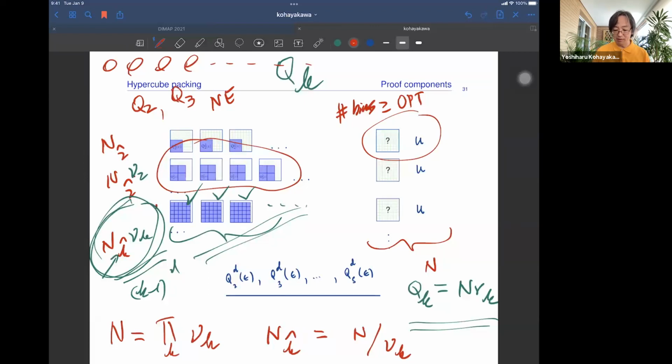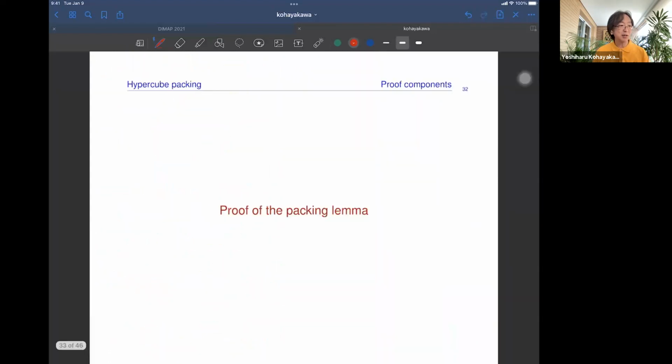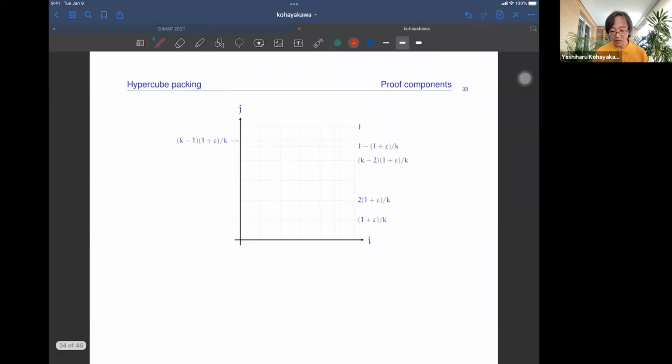Good. So let me just say a little bit about the packing lemma. The point here is that our cubes, our Q_k, have side length slightly more than 1/k, and it's easier if you say the side length is 1/k times (1 plus epsilon). So this is how much a cube would take.